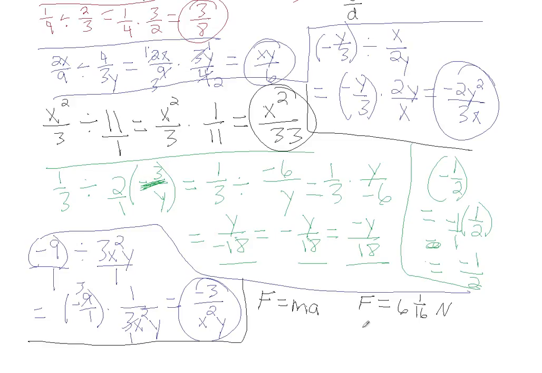We have a mass. The mass of the ball is 1/8 of a kilogram. And we want to know the acceleration in meters per second squared. Okay, we're actually running out of room here.